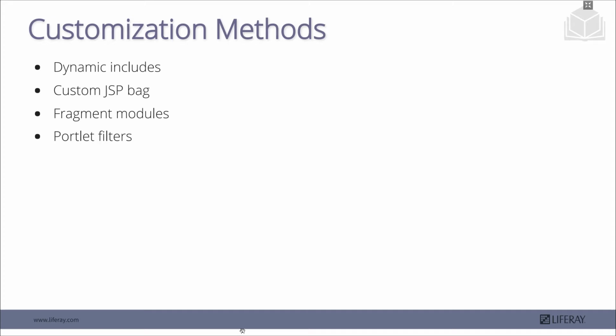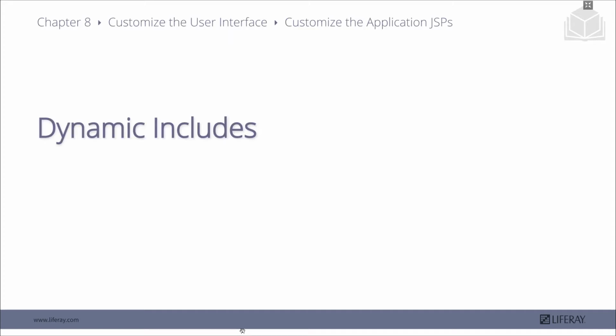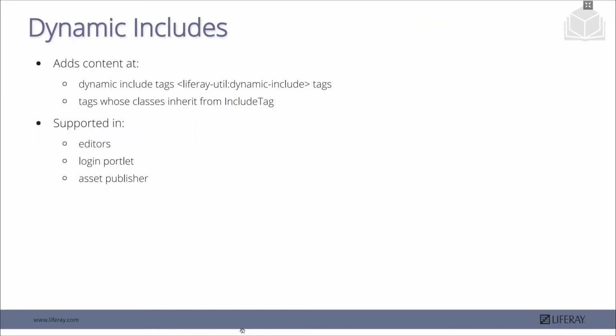So we'll talk about each one of these and we'll take a look at a couple of different examples or exercises as well. Let's first start off talking about dynamic includes. Dynamic includes allow us to inject some of our code, some of our text, some of our modifications into what I'll call injection points.